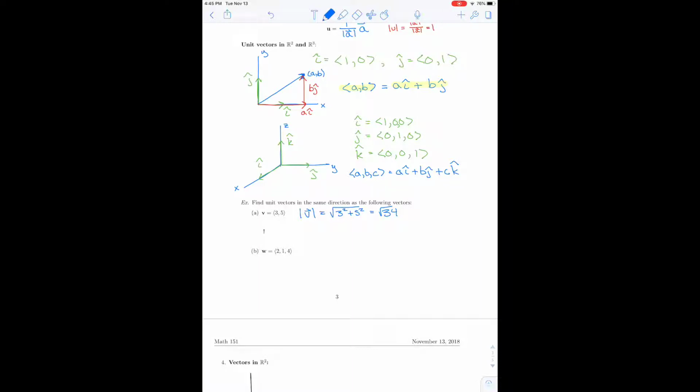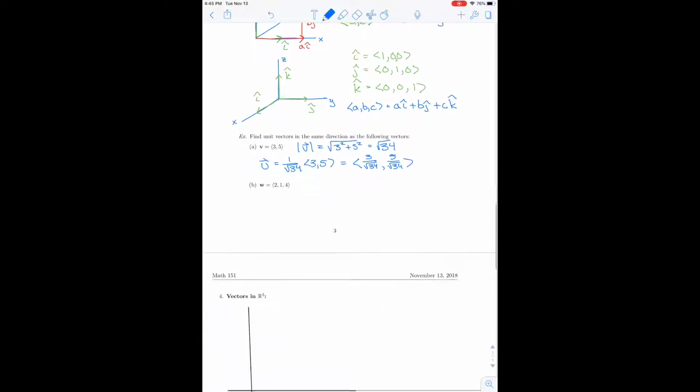And now if we want a unit vector that's in the same direction, we would do 1 over the square root of 34 times the vector 3, 5. Or if you like, you can multiply in this 1 over square root of 34, and that's 3 over the square root of 34, 5 over the square root of 34. And you can verify for yourself that the length of this vector is 1.